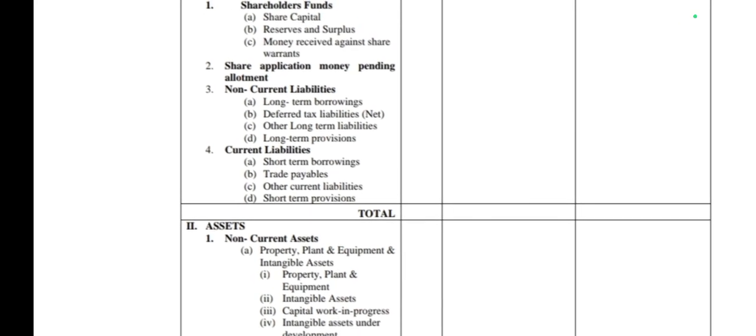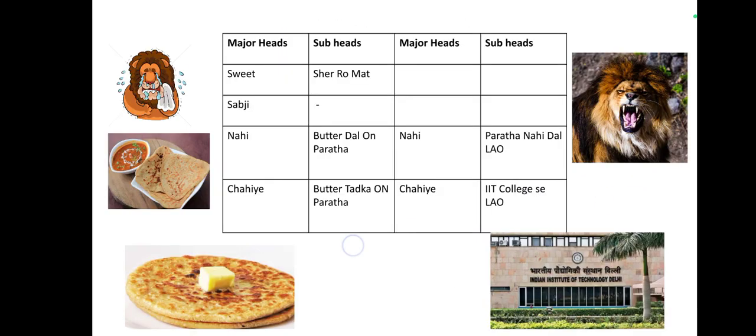We will try to learn these heads and subheads sequentially. That is the main thing in the case of a company's balance sheet. Here we have a very interesting mnemonic technique which we can use to learn the items of the company's balance sheet, that we will discuss in the next video.